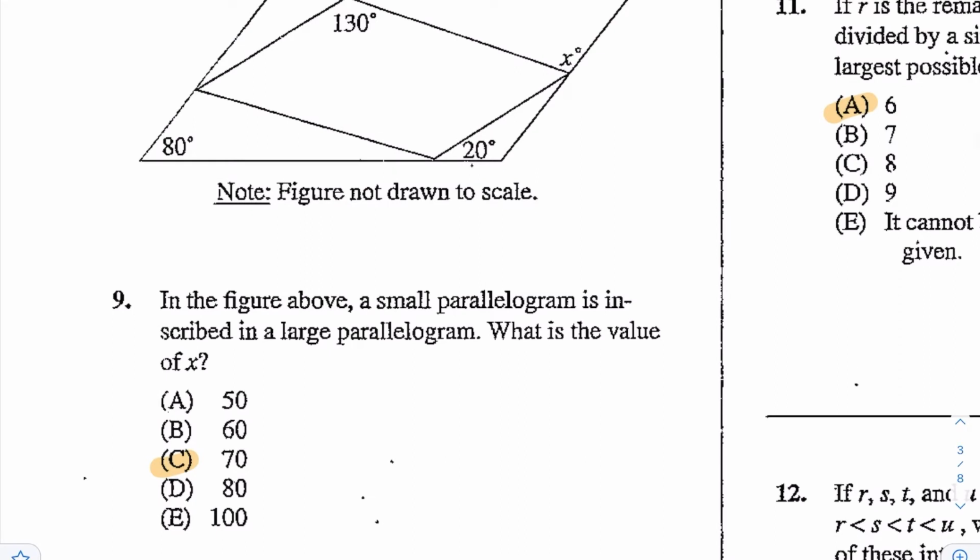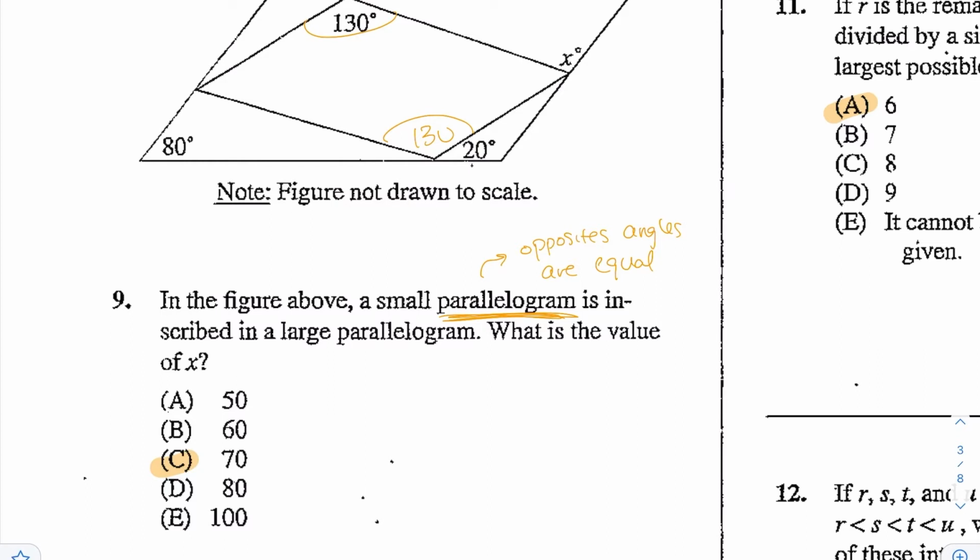All right, next for number 9, in the figure above, a small parallelogram is inscribed in a large parallelogram. What's the value of x? So one property of parallelograms is that the opposite sides, or opposite angles, I should say, are equal. The opposite sides are equal too, but here we have angles, so start with that. So if the opposite angles are equal, 130 has to be 130.